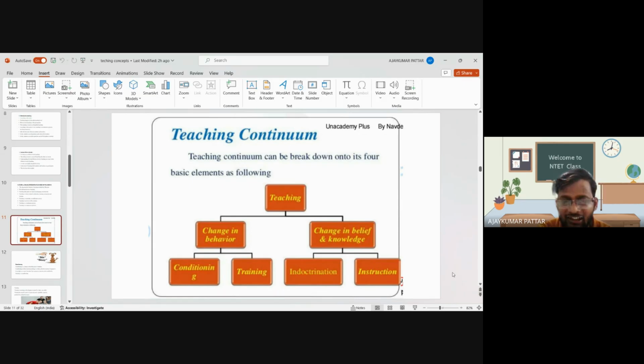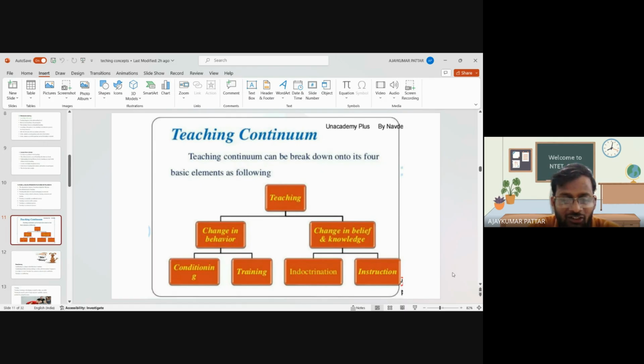This chart shows change in behavior and change in belief and knowledge. Change in behavior comes under training and conditioning, and change in belief and knowledge we call indoctrination and instruction. So basically conditioning, training, indoctrination, and instruction are all teaching only, but marginal differences are there.